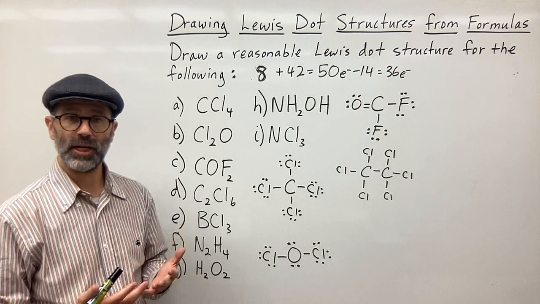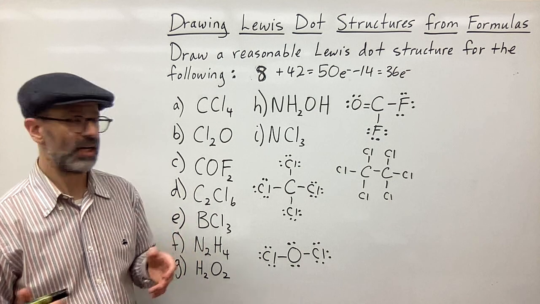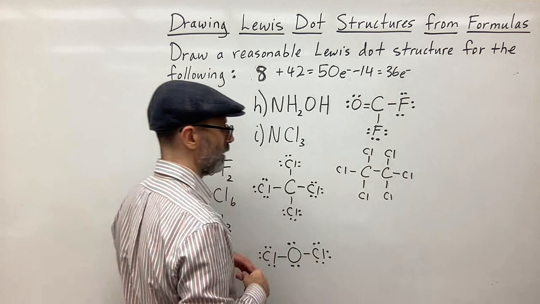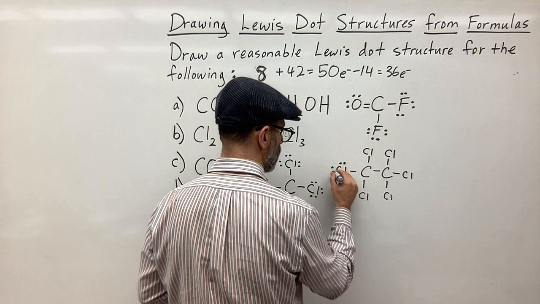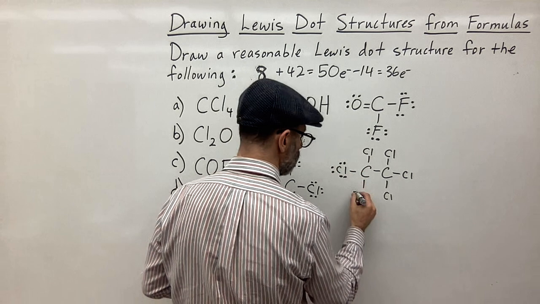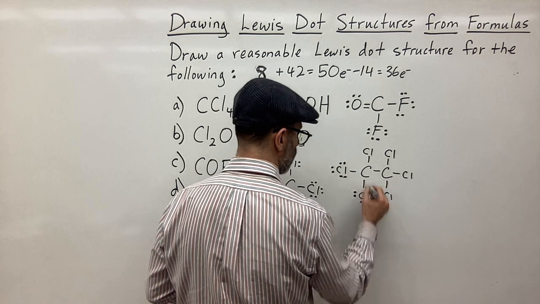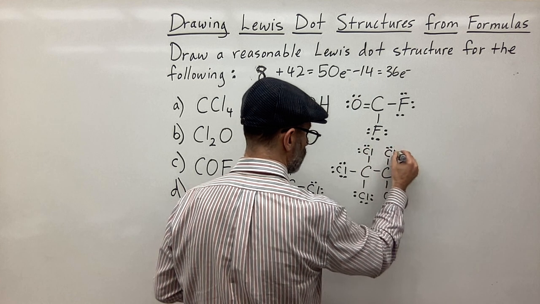Now for step 3, add electron lone pairs to your outer atoms to give them an octet. So I have 6 chlorines. All of them need an octet, so I'm going to add 3 lone pairs each. So each chlorine is going to get 3 lone pairs, like so.